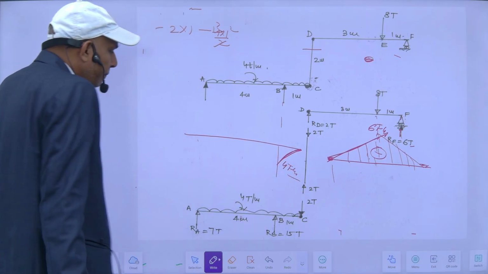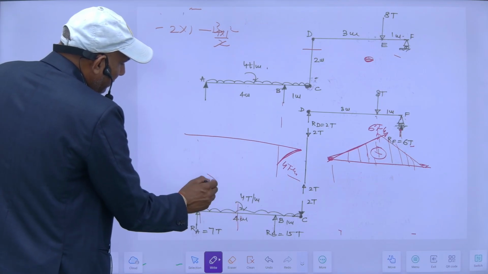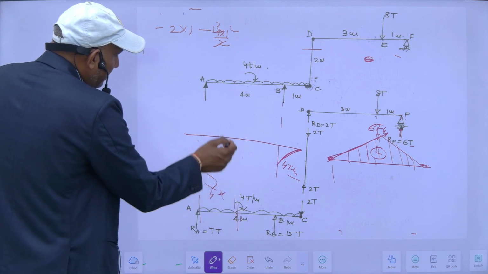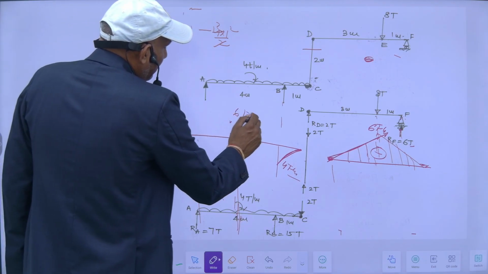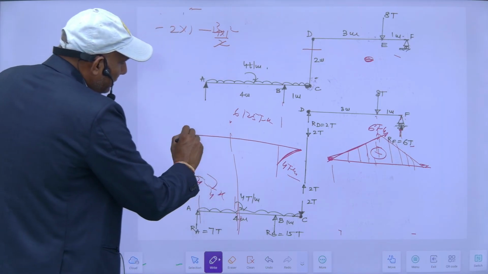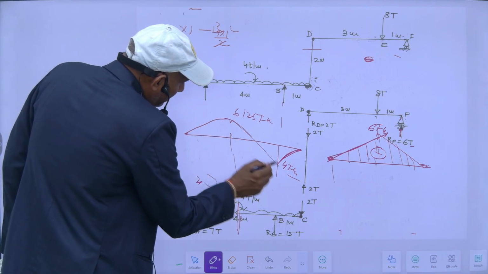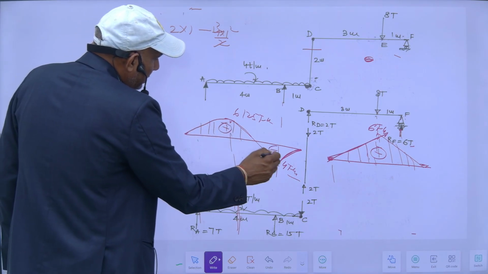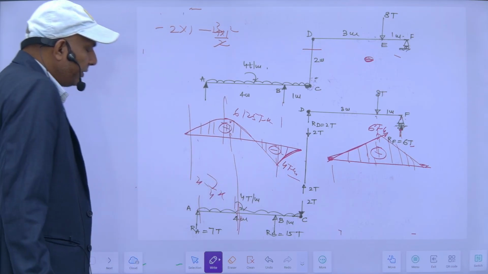So this is hogging, and at this point, which is 7 by 4 meter from this end, my bending moment is maximum, and here the value is 6.125 ton meter. This is the maximum bending moment, and this will be parabolic. So if I draw a line like this, it will be my bending moment diagram for this portion. So this is the location of the maximum bending moment.